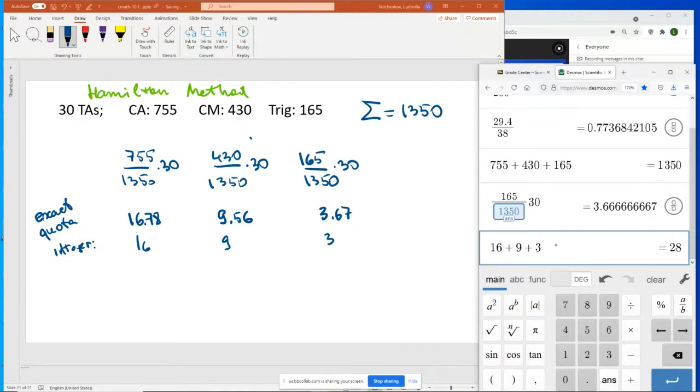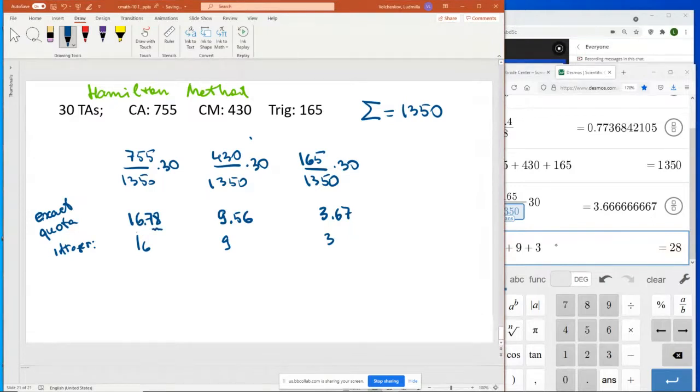Now we'll look at the fractional parts, 78, 56, 67. The largest fractional part is 78, so we get one extra to college algebra. And the second largest is 67, so the second extra goes to trigonometry, plus 1. So the assignment is 17, 9, and 4.